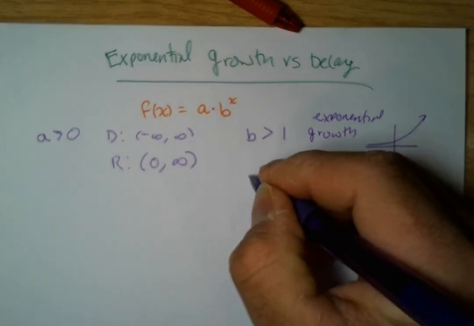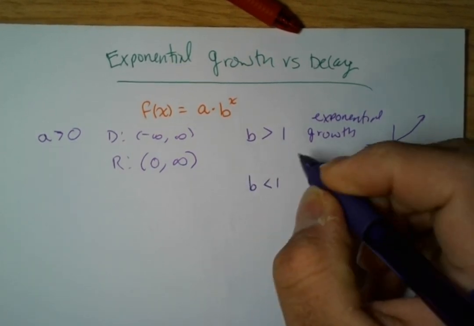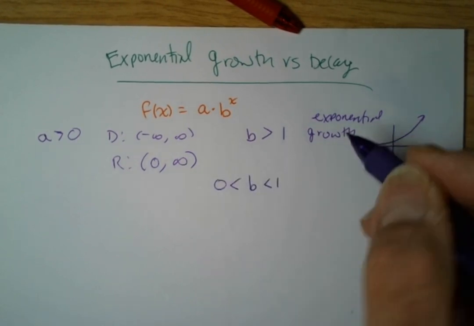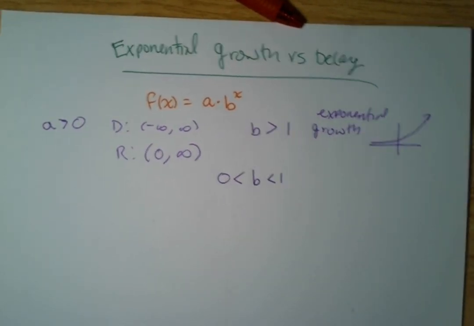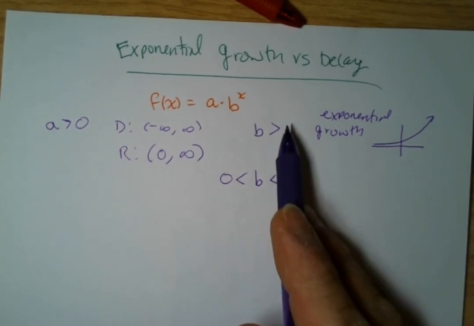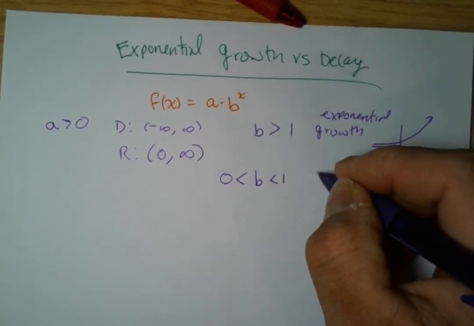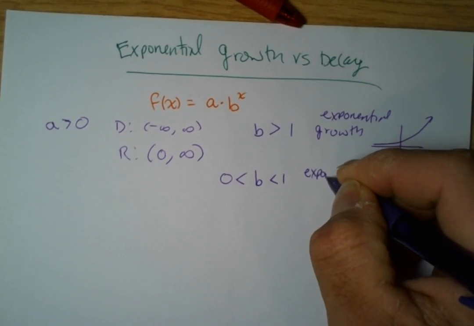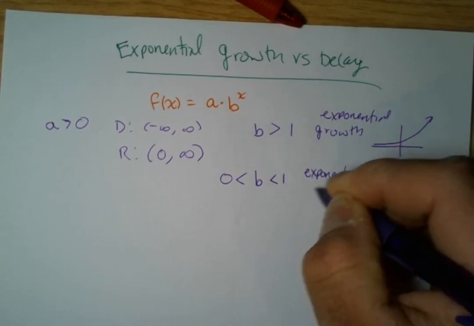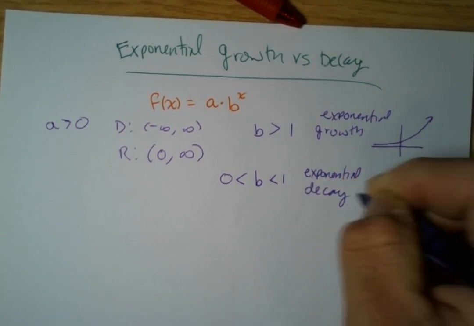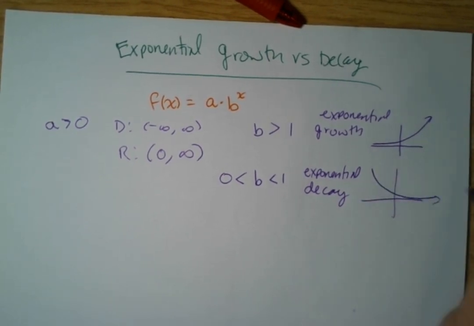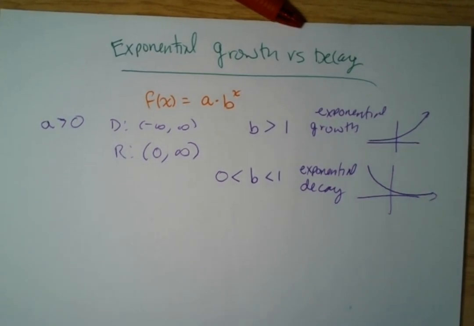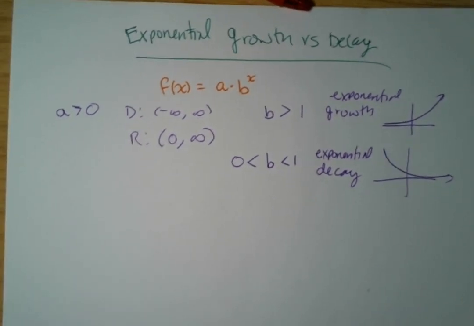Now, if b is less than 1 but greater than 0, and remember, b is always a positive number, so these are the only two options, then we are in the exponential decay state. And in general, the graph of that would look like this.